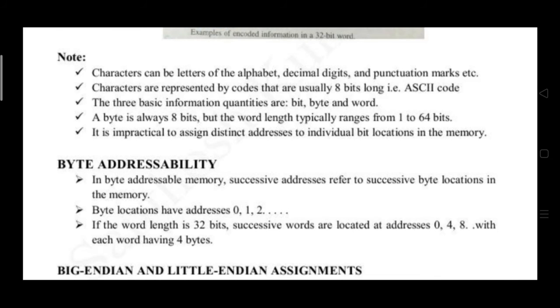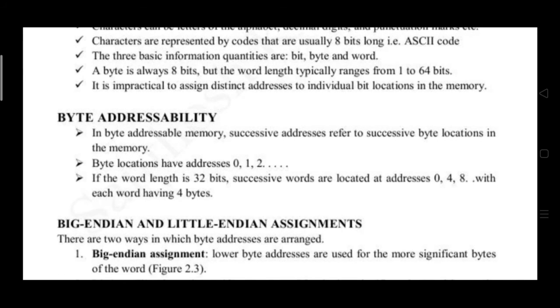Now byte addressability. Memory has a tabular structure, as I said earlier, where each row represents a word and each column broadly represents a byte. As per this discussion we are considering a row with 4 columns, where each column represents a byte.